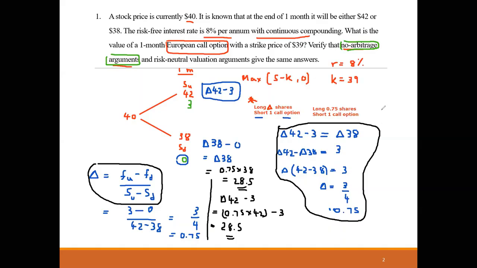But make sure, and I have told this before as well, if you're taking a long position in shares with call options, it should be the opposite position in call. So long position in shares and short position in call, or if you're taking a short position in shares, it should be a long position in call. But if it is a put option we are looking at, then if you are taking a long position in shares, you should also take a long position in put.